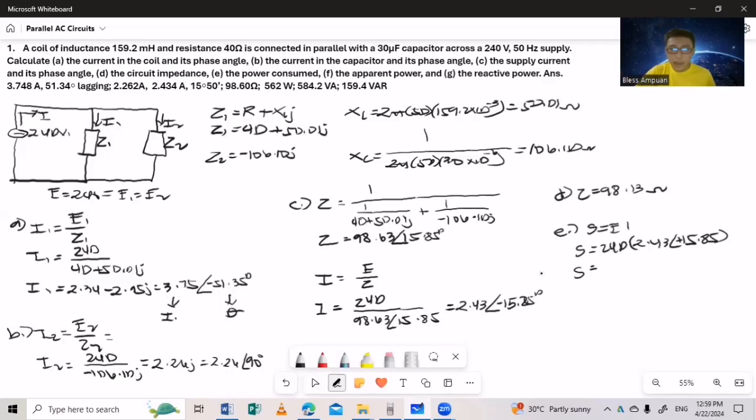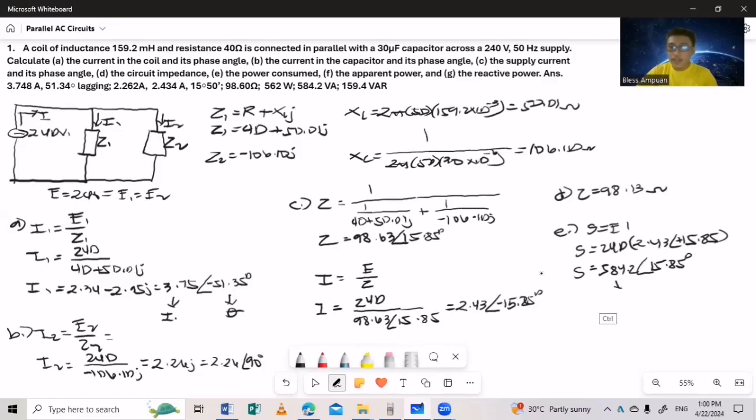Apparent power is equal to 584.2 at an angle of 15.84 degrees, and you just use your calculator. So this is our apparent power.